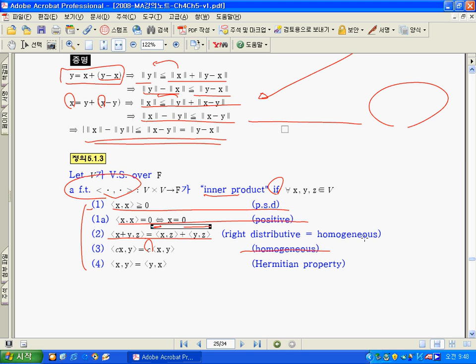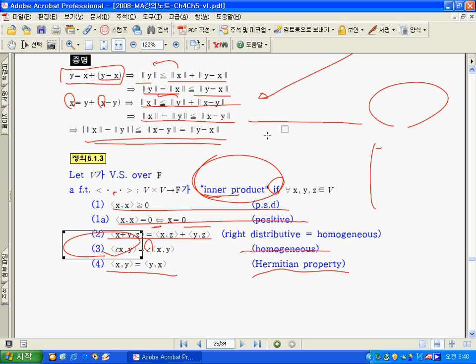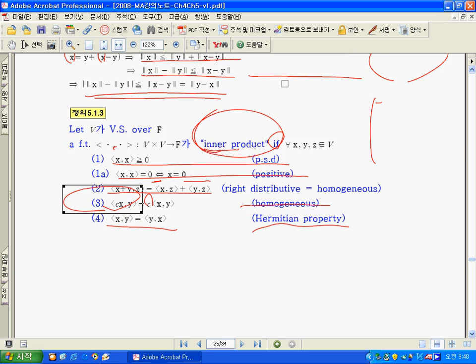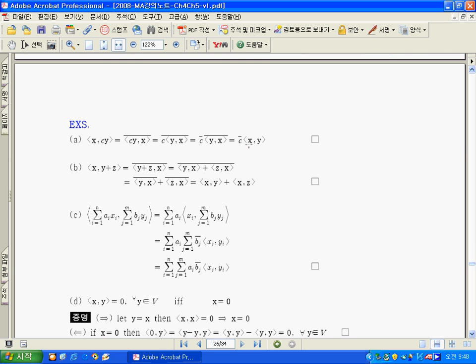This is called the homogeneous property. And also, the inner product of xy is the same as the inner product of yx. It is called the Hermitian property. If we satisfy these 5 properties, then this function is called an inner product. Let's see.